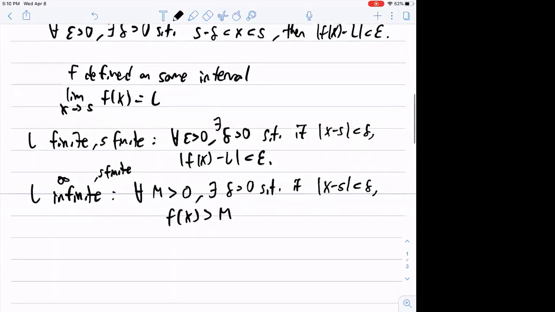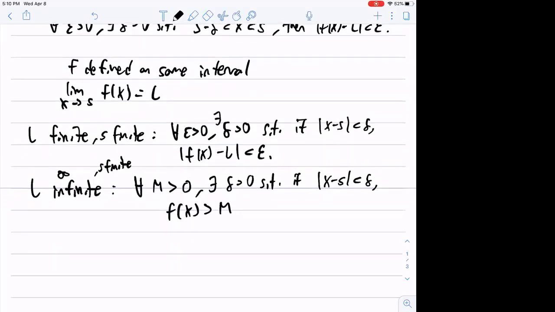Okay. Now let's do L negative infinity, s finite. So here it is opposite, right? I want to say at some point my function is smaller than any number you choose. And in this case, it suffices to choose negative numbers.